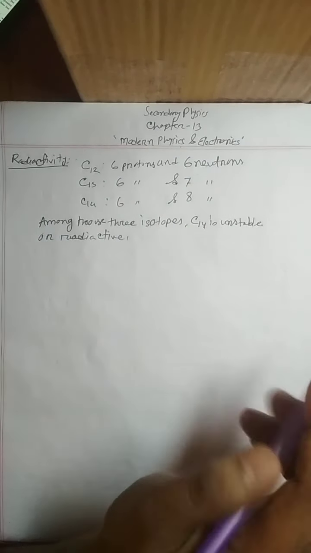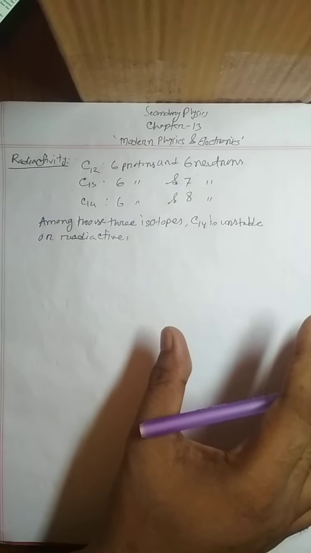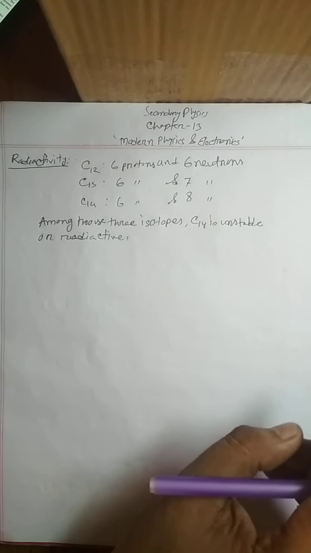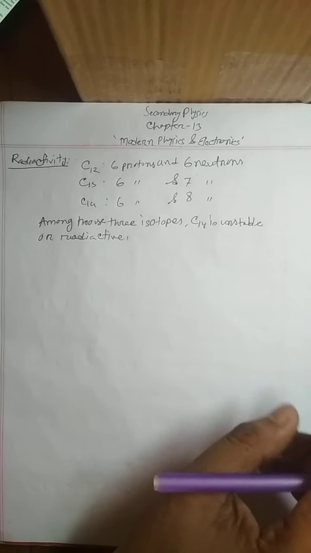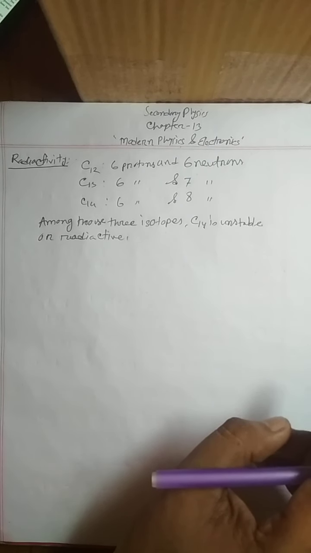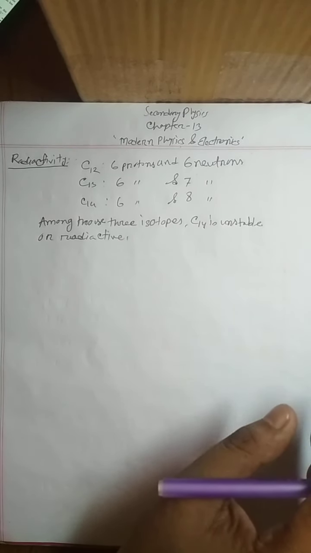In 1896, Henri Becquerel discovered the existence of radioactive rays from uranium for the first time. Later on, Rutherford, Pierre Curie, Marie Curie and other scientists discovered radioactivity in other elements.